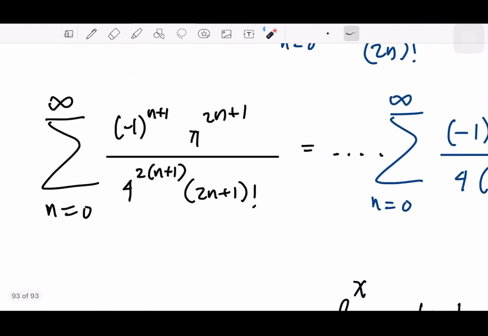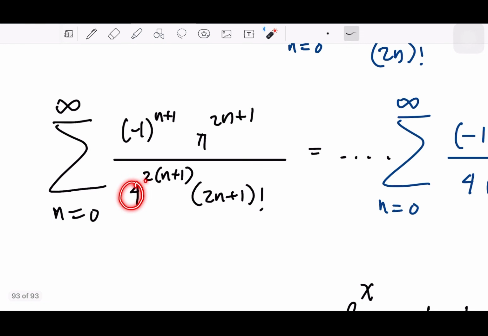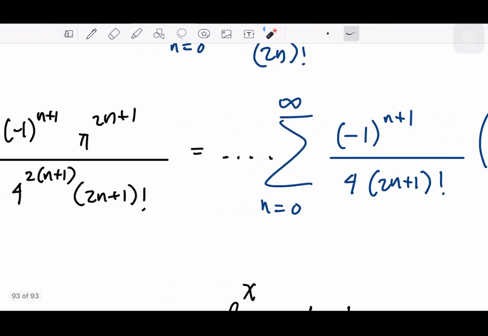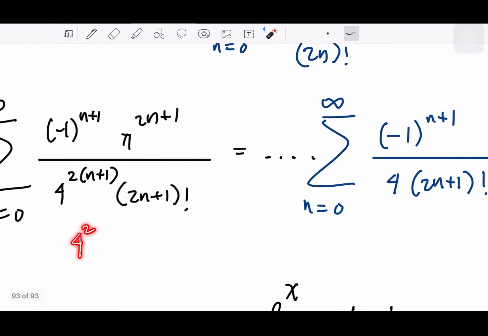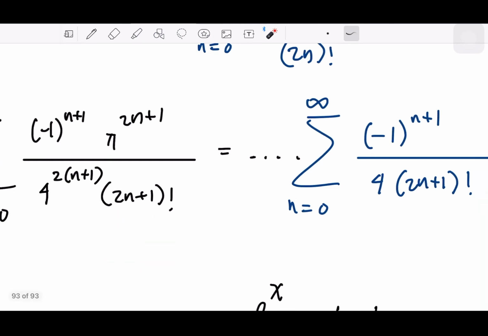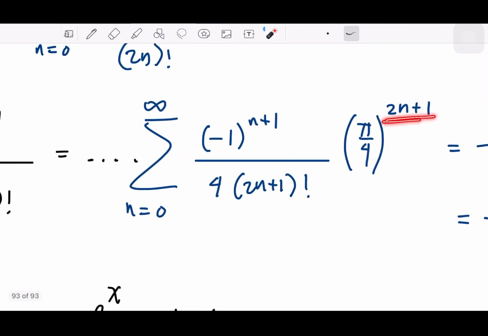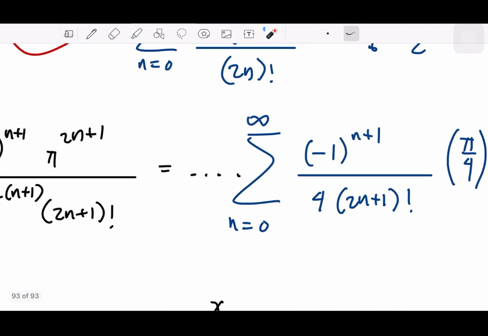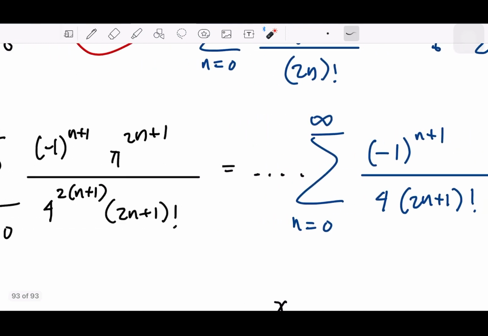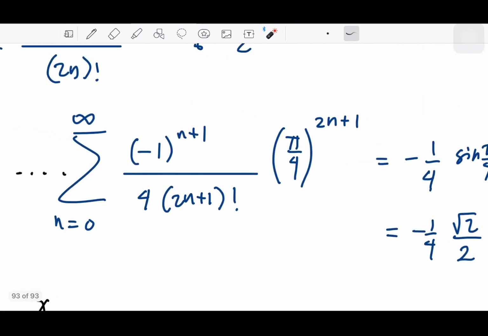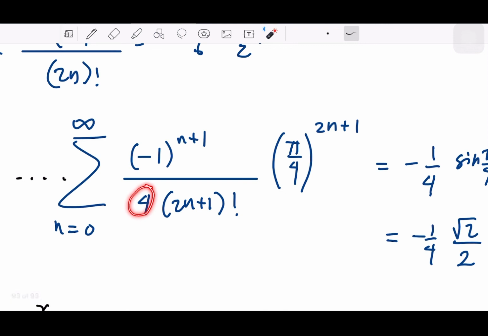And if we take this 4, so 4 squared is 4 and 4, and then we can take this 4 and then 4 and plus 1. Now this n plus 1 or 2n plus 1, we can take up here and combine with pi over 4, and then we can have 4 in the denominator here and pi over 4 here.